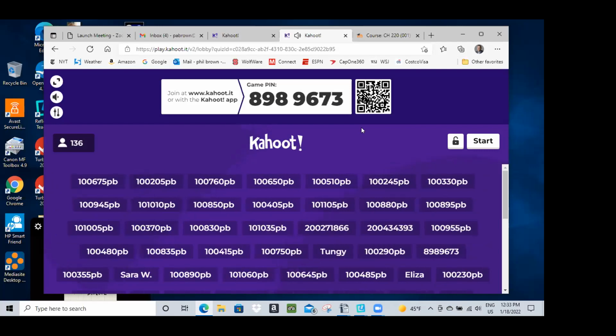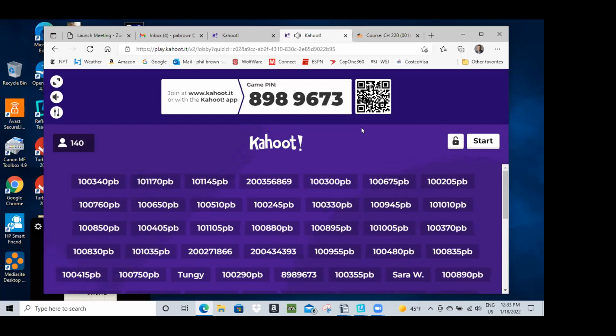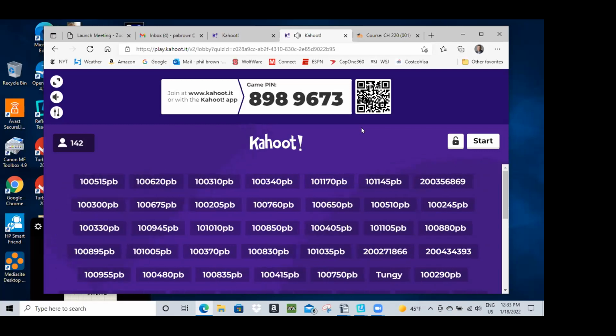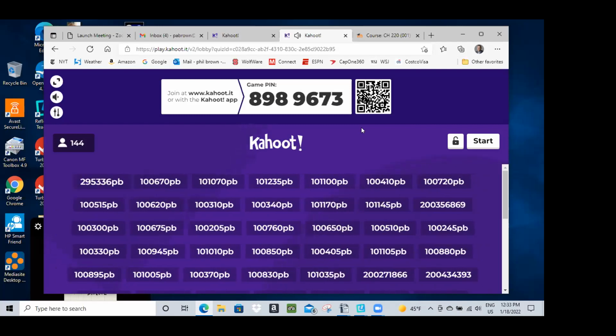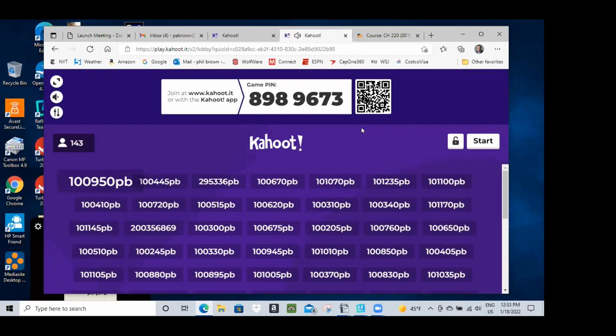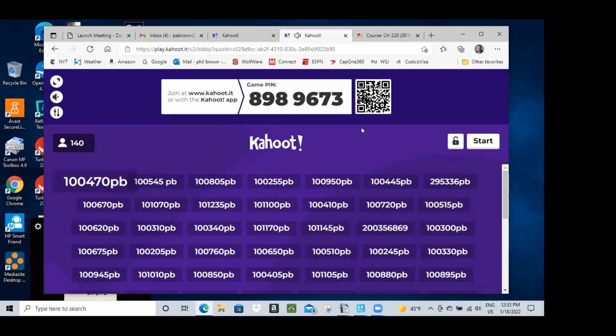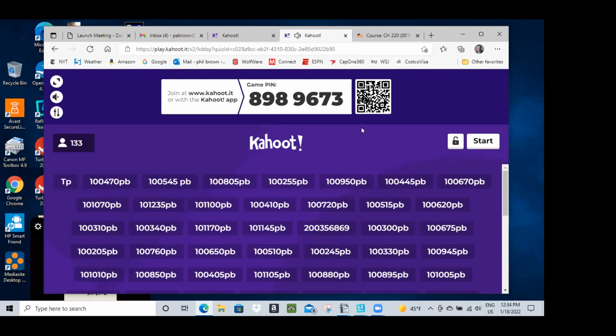So if you would use your Kahoot name, you know, it ends with PB. All the numbers should end in PB. That would be great. Whatever your number was in that chart, the last thing should be PB. It looks like most people have logged in.